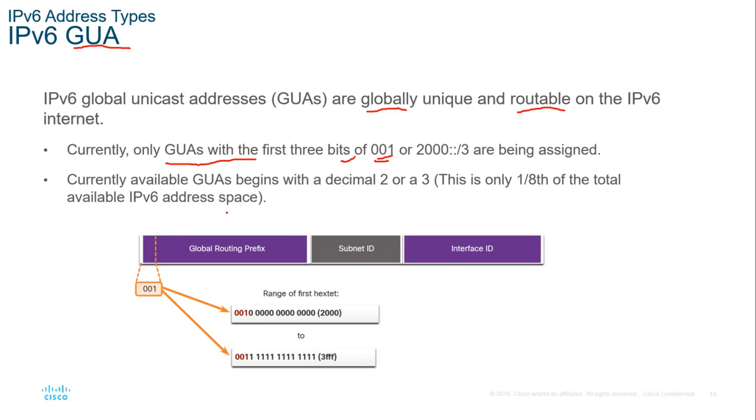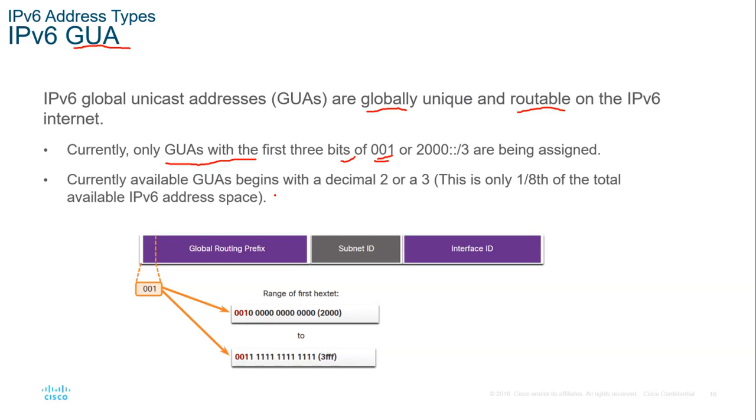Currently available, this begins with decimal 2 or 3. Any IPv6 address that begins with either 2 or 3 is a global unicast address, period.